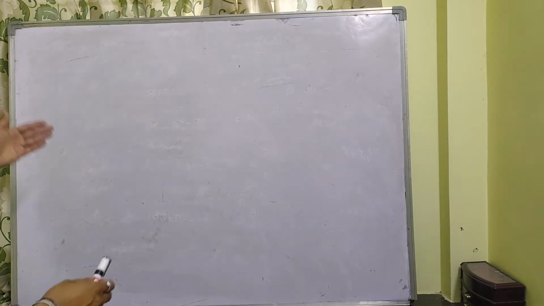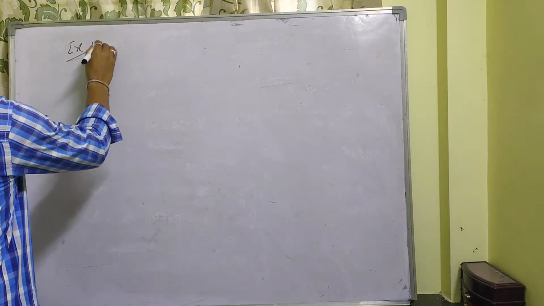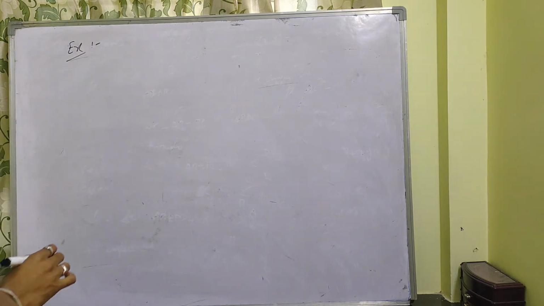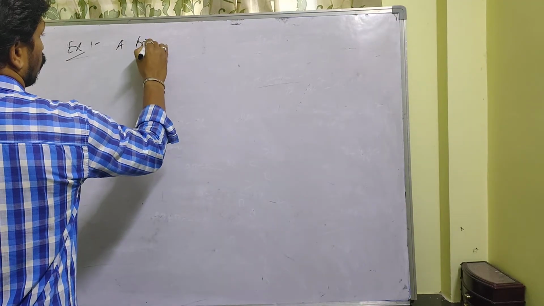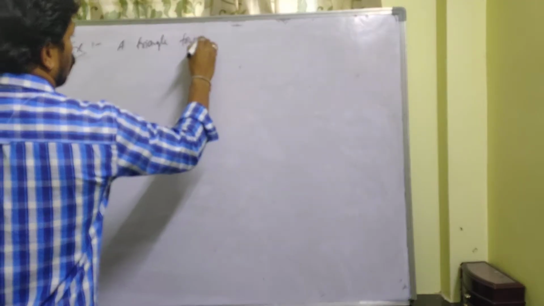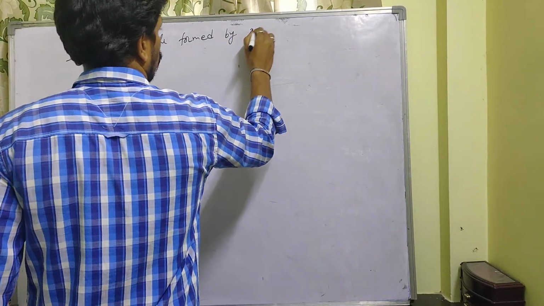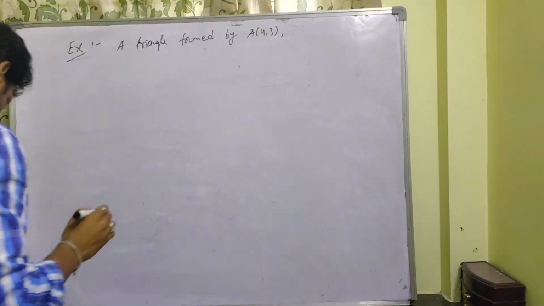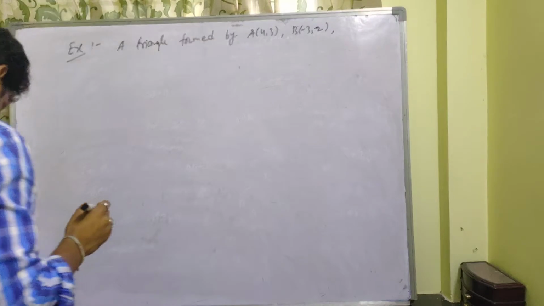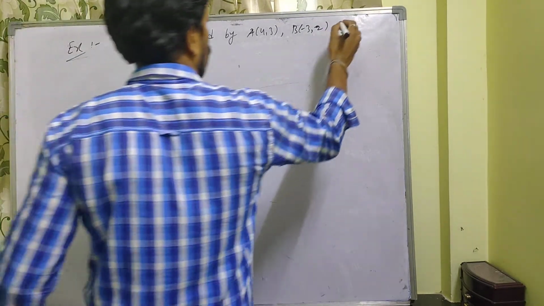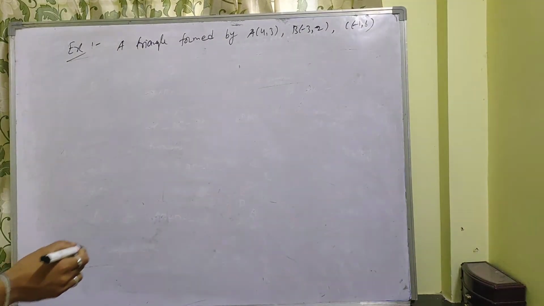Based on this nature of the triangles, take one example for convenience, then you can understand easily. Example: a triangle formed by A(4, 3), B(-3, 2), C(-1, 6).